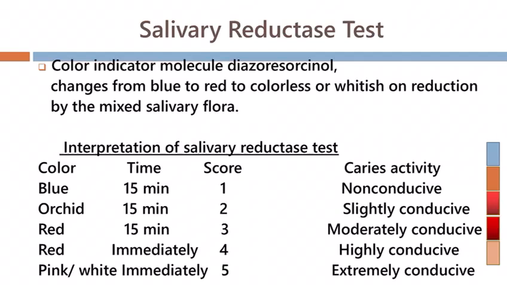If it turns orchid in 15 minutes, the score is 2 and the report is slightly conducive. If the color changes to red in 15 minutes, the score is 3 and moderately conducive. Whereas if red color is formed immediately, the score is 4 and the report is highly conducive. If the result is pink or white immediately, the score is 5 and the report is extremely conducive.